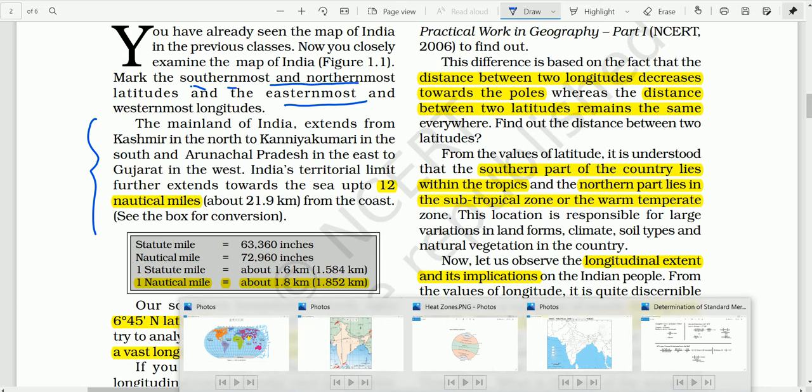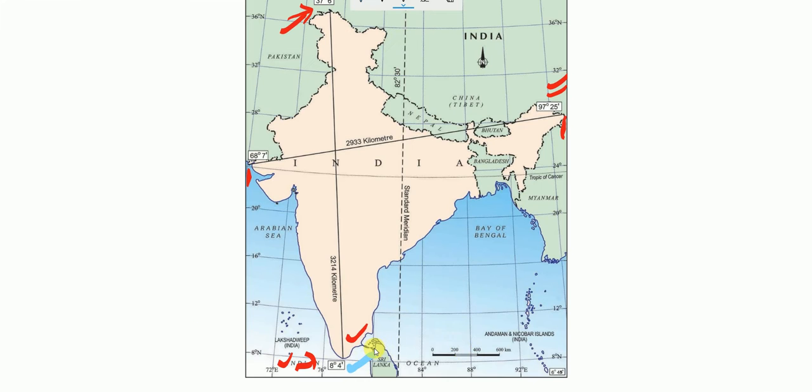See the extension of India from Jammu and Kashmir to Kanyakumari in the south, then from Arunachal Pradesh to Gujarat in the west, and here our territorial extent goes up to here.